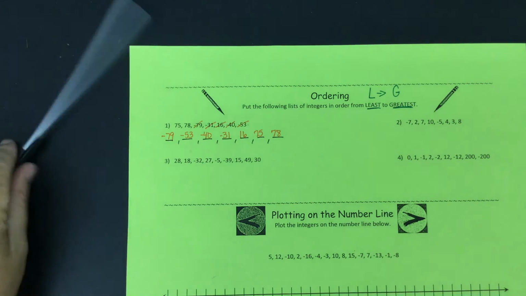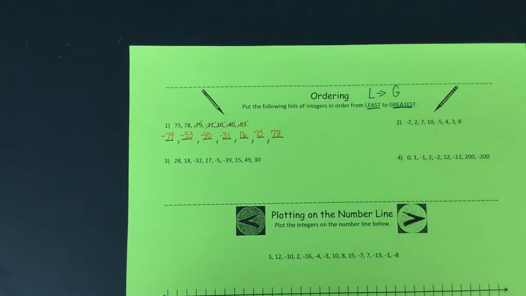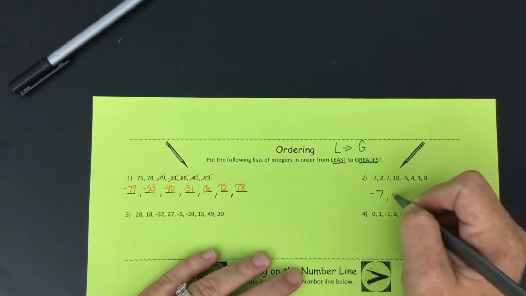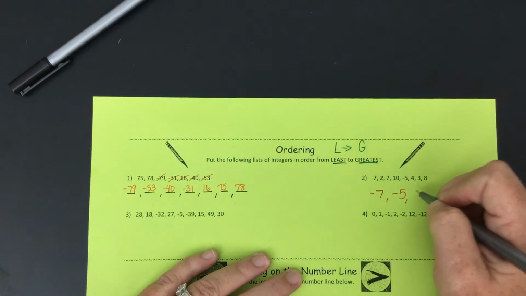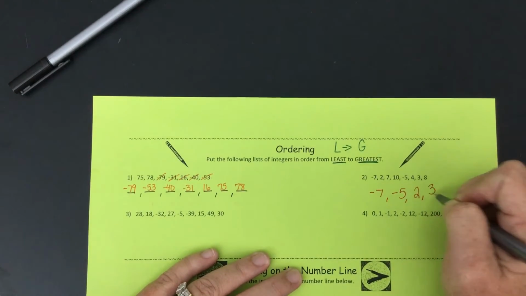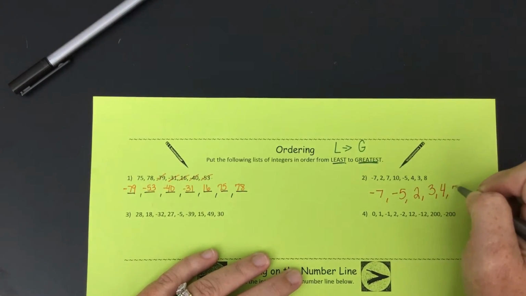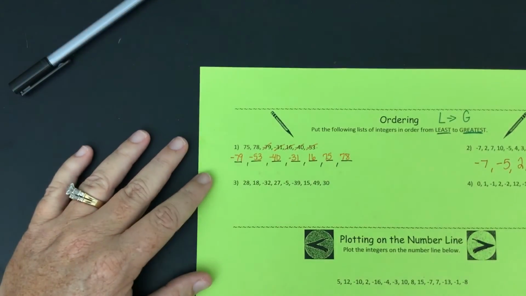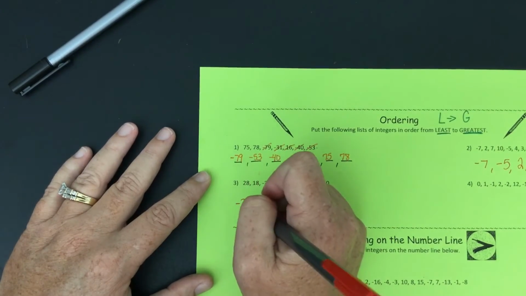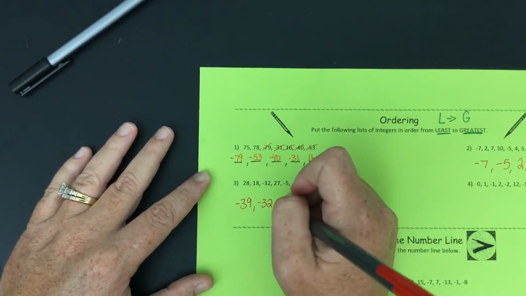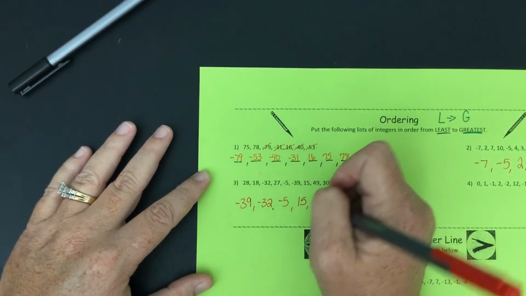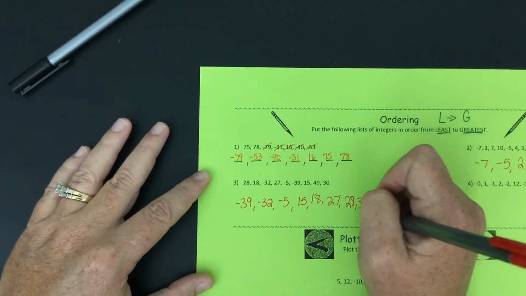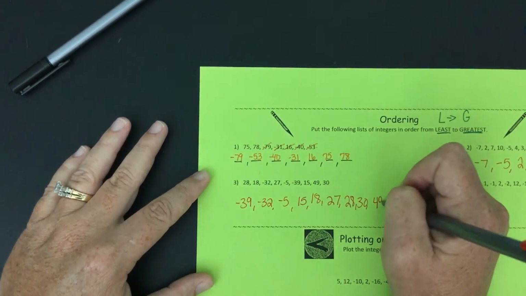Okay, so let's go ahead and make sure we have all these. -7, -5, 2, 3, 4, 7, 8, 10. -39, -32, -5, 15, 18, 27, 28, 30, 49.